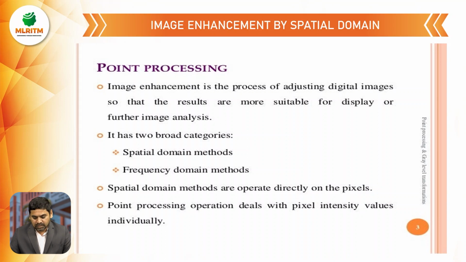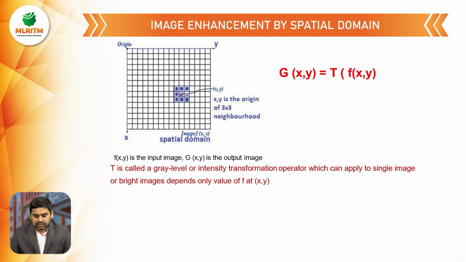The spatial domain methods operate directly on pixels, and the operation deals with pixel intensity values individually. Here is another example to explain clearly. You can take a 3 by 3 size part and consider it.